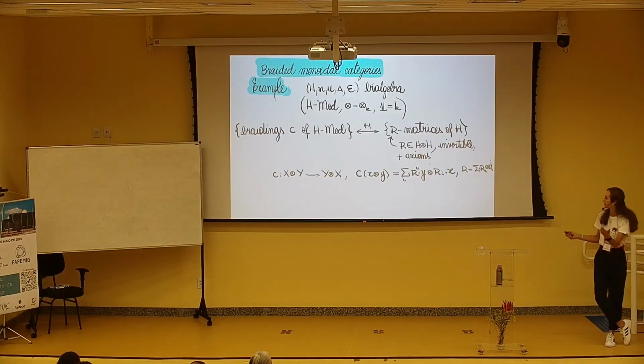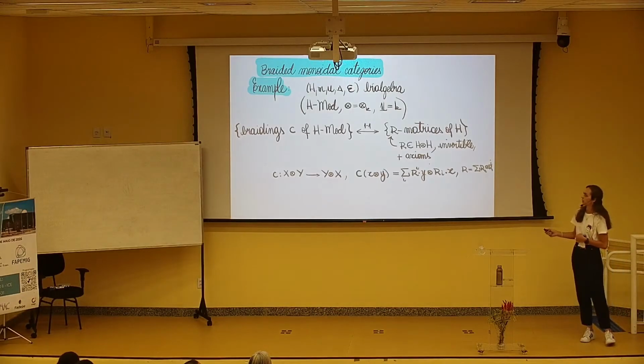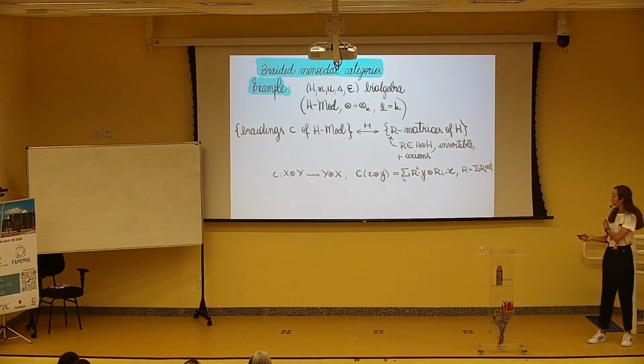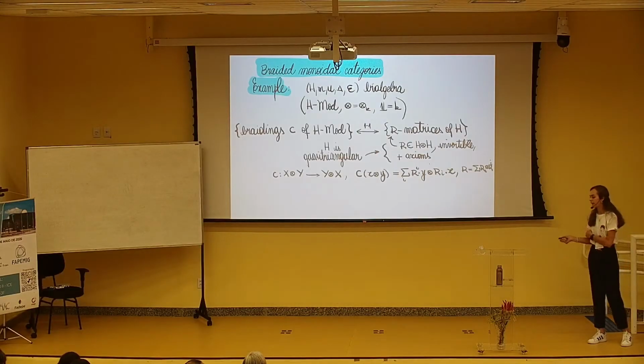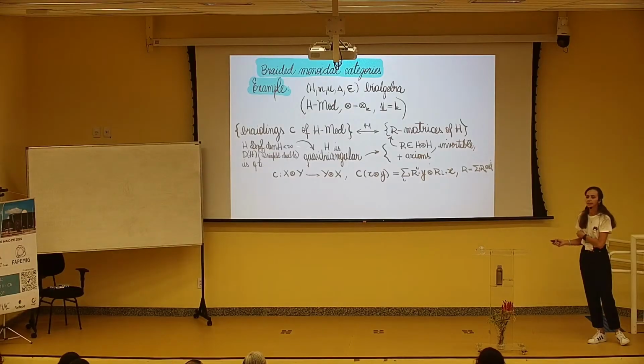I didn't give you the definition, but it is a little bit technical. So okay, you can understand braidings on this example. People that know this already call it a quasi-triangular bialgebra, and they appear every time you have a finite dimensional Hopf algebra.